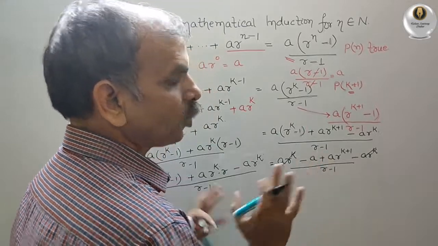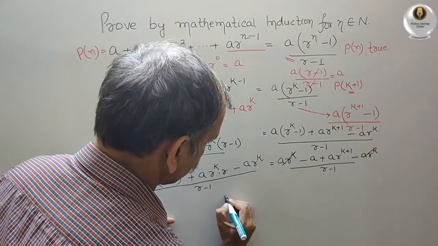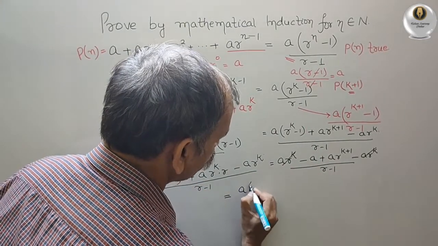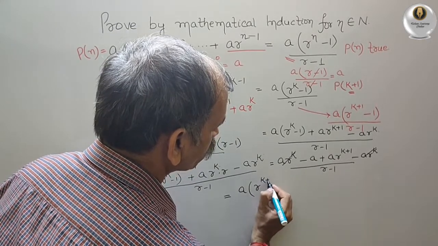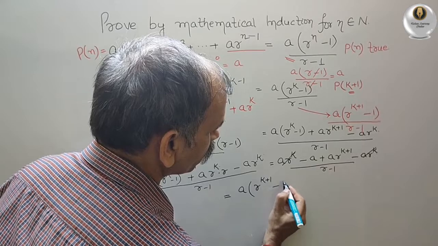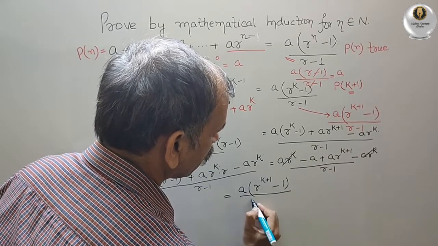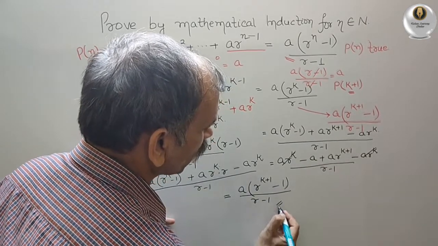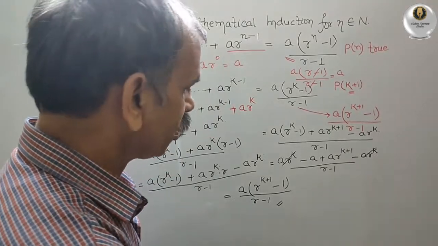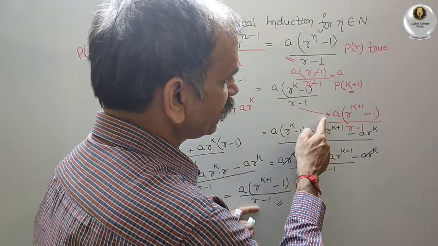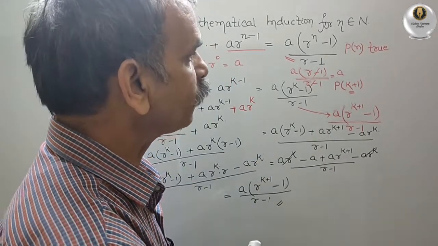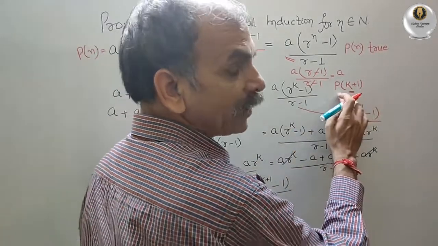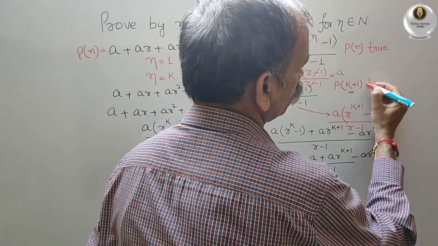Now take a as common. So here you will get a (r^(k plus 1) minus 1) by r minus 1. Now you can see this is your LHS and RHS is this. That means both are equal. Therefore we can say Pk plus 1 is also true.